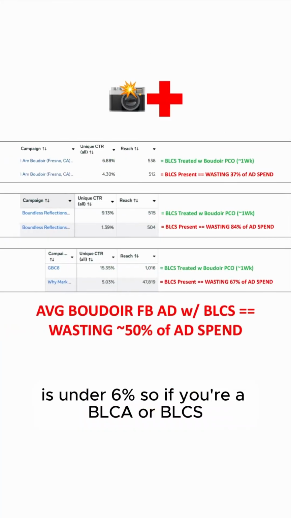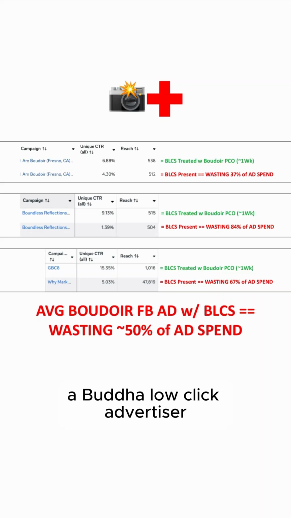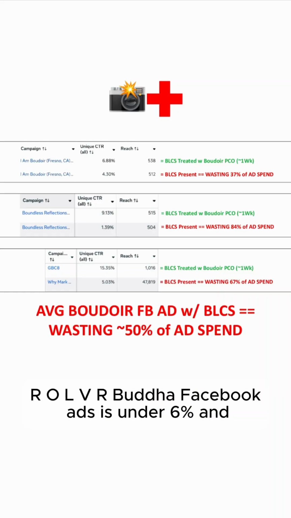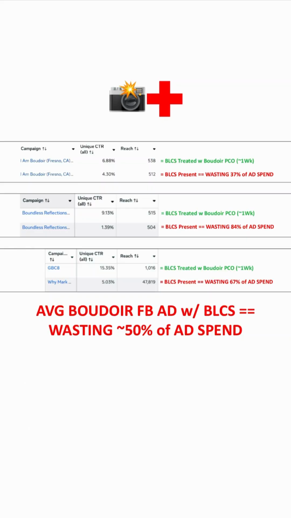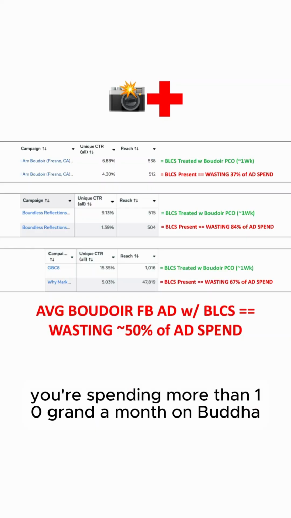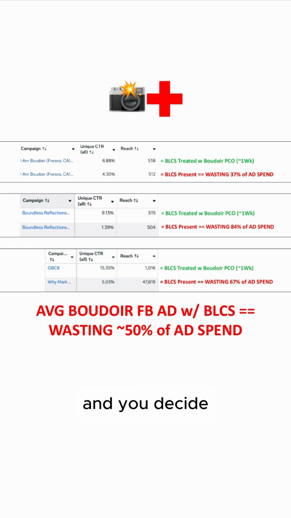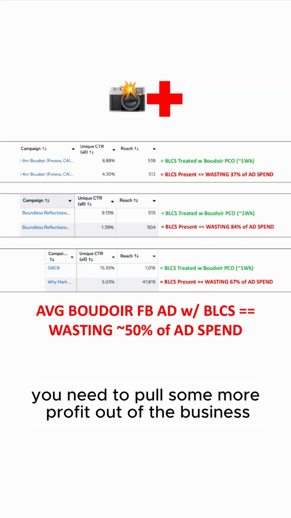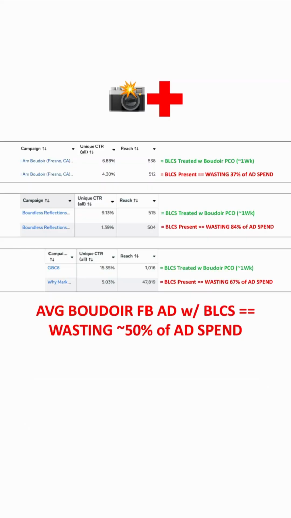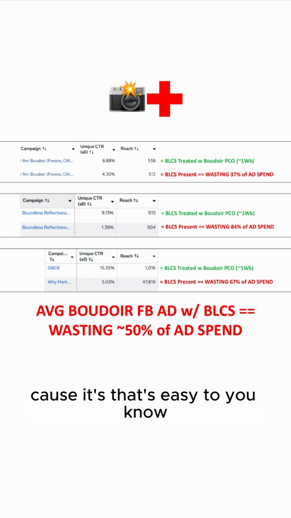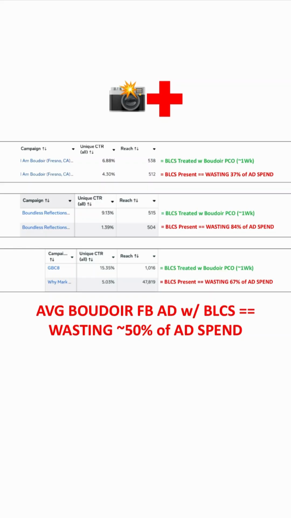So if you're a BLCA with BLCS, a Boudoir low click advertiser with Boudoir low click syndrome, the unique CTR of your Boudoir Facebook ads is under 6%, and you're spending more than 10 grand a month on Boudoir Facebook ads, and you decide you need to pull some more profit out of the business, you've optimized other parts, now you're ready to plug the leaking holes in the Facebook ad strategy, because that's easy to do, just eliminate the waste, and you actually want to keep more money in your pocket.